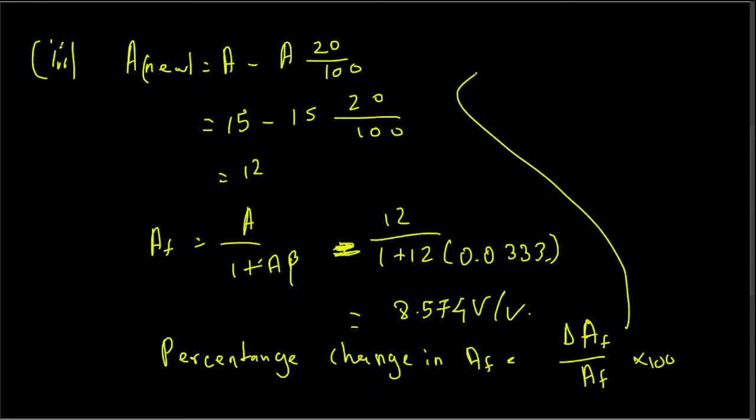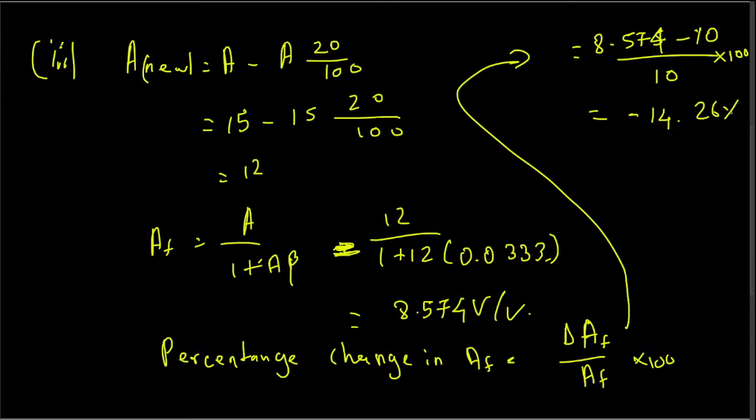Delta AF is nothing but this value, 8.574 minus 10, divided by 10 times 100, and if you calculate this, we are going to end up getting negative 14.26%, and that's the percentage change in AF.